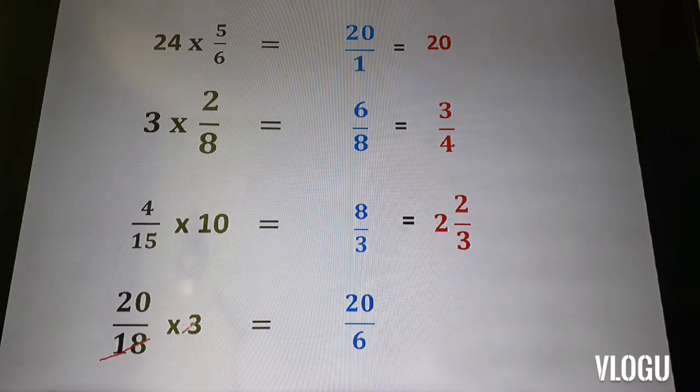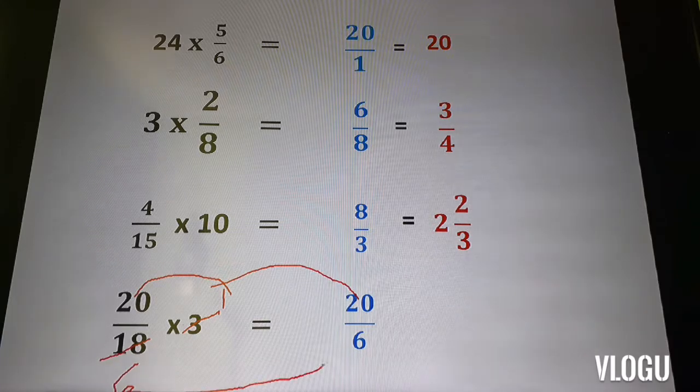Say for instance, 18 and 3. If I divide 18 by 3, that would give us 6. And if I divide 3 by 3, that would give us 1. Then the next process is just to multiply 20 times 1, that is equals to 20, and copy our denominator.